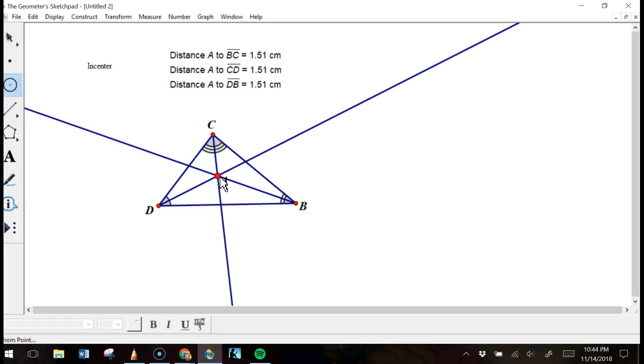Well, last time if I stretched a circle out to the three vertices, it fit all three. Here, if I stretch the circle to the sides, it will do that. And so that circle is tangent to all three sides. The incenter is the center of the circle inside the triangle. All right, so there's our drawing of the incenter.